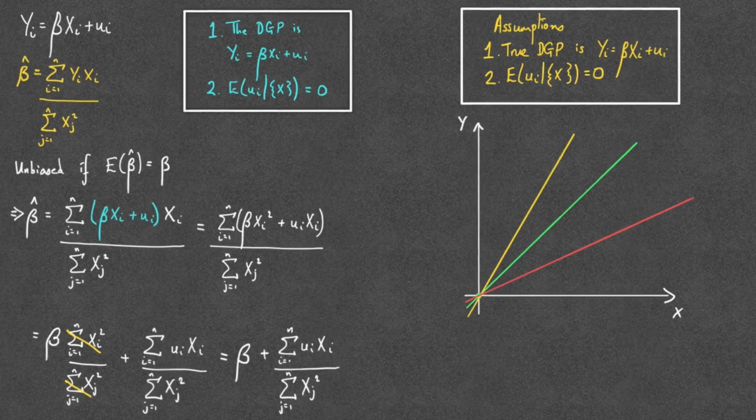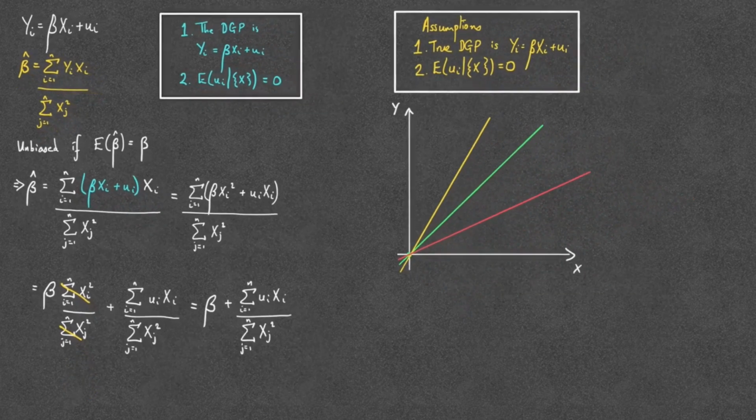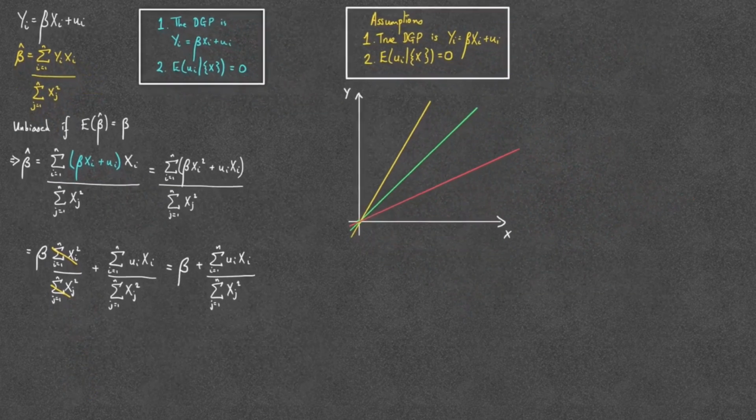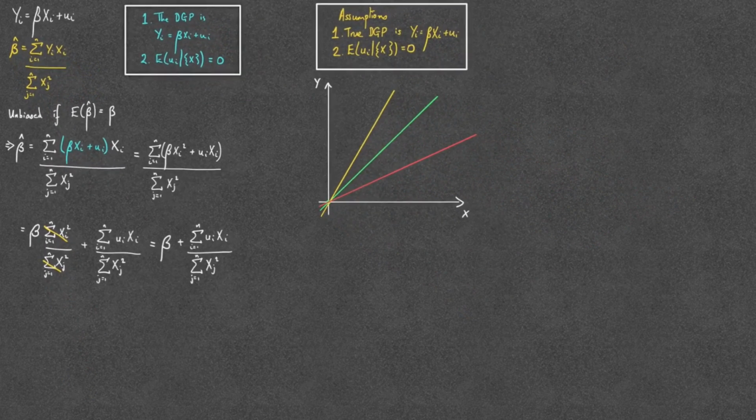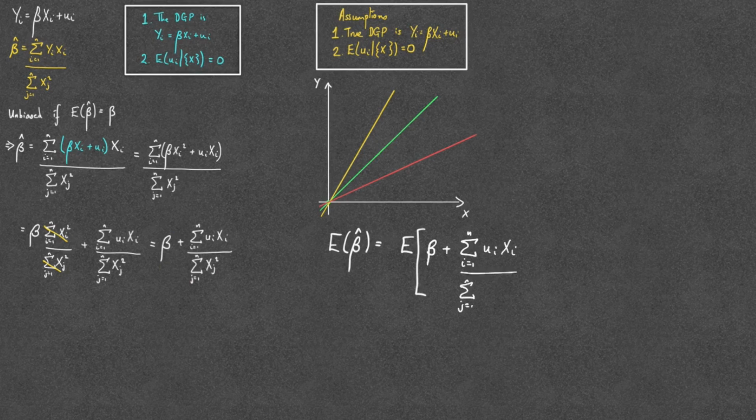Now, in order to analyze whether or not this is unbiased, we need to take expectations of beta hat. So the expectation of beta hat is just going to be equal to the expectation of all of this. So this is going to be the expectation of beta plus the sum of the ui xi's over the sum of the x squared.